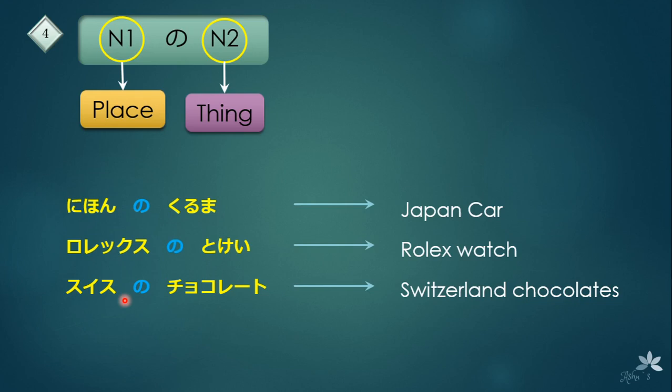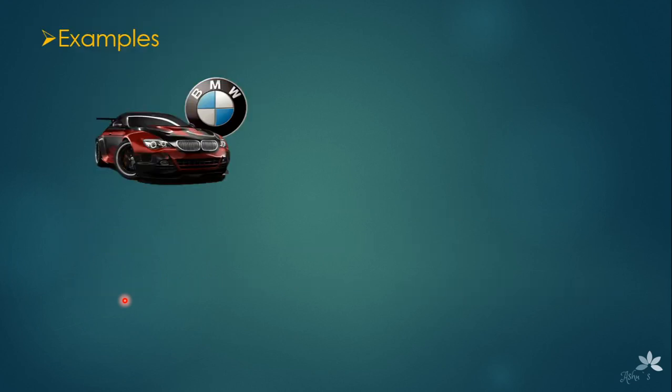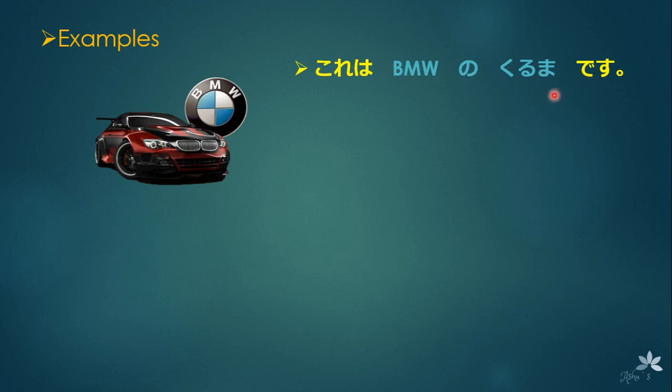Let's look into some examples. Now here there is a car and it's a BMW car. これは BMW の車です。This is a BMW car. Now here BMW is N1 and kuruma is N2. So here the N2 kuruma is a make of BMW.